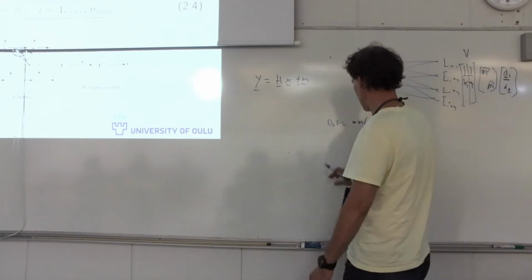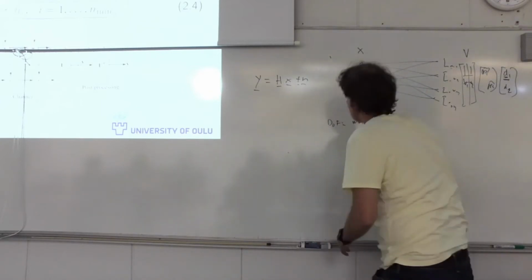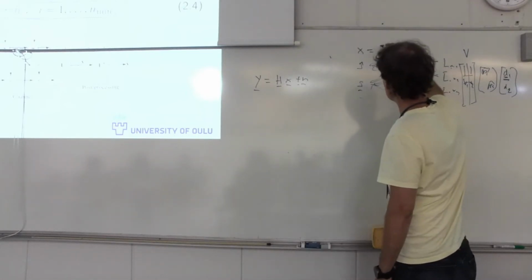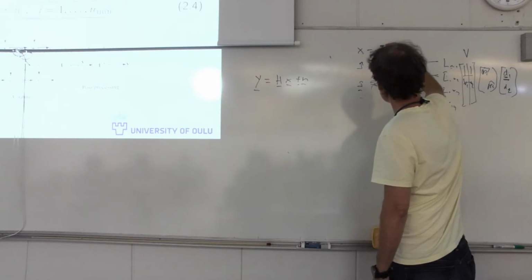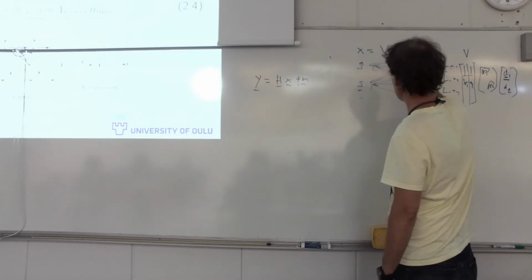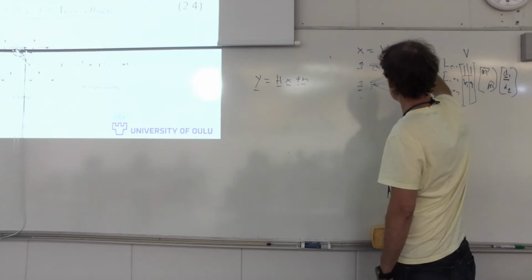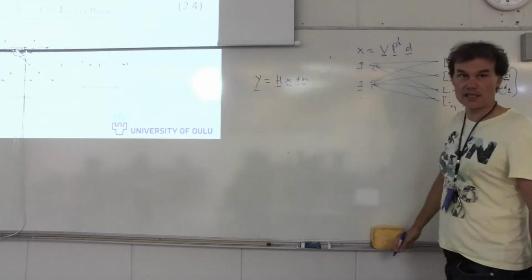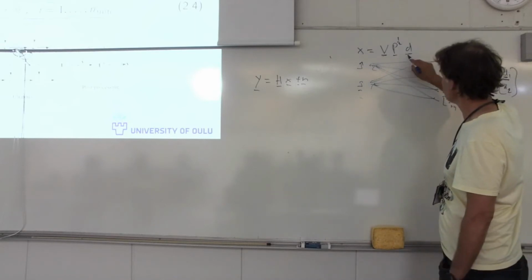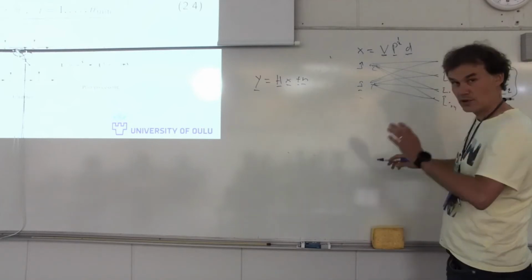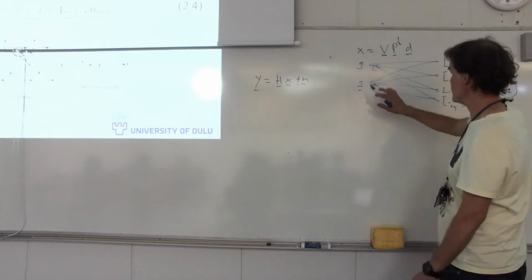And this has a nice property. Now when we define X, the transmitted signal vector, to be precoded, X is precoded by V and multiplied by a diagonal power loading matrix, and then we assign symbols D. So the length of this symbol vector should be at most the DOF of the channel, right? 2 in this case.